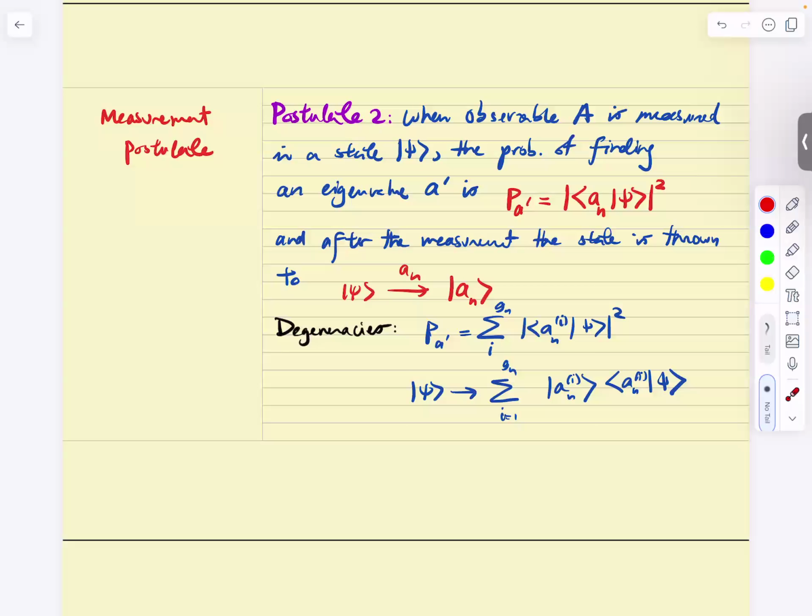I realized that I need to match Sakurai's notation. Let me match Sakurai's notation. This is bad.